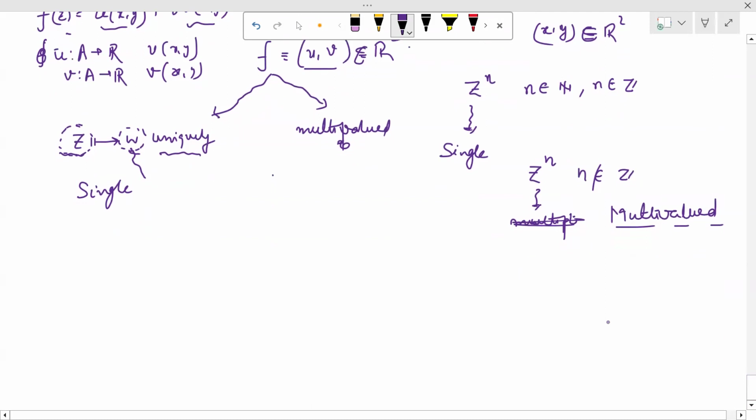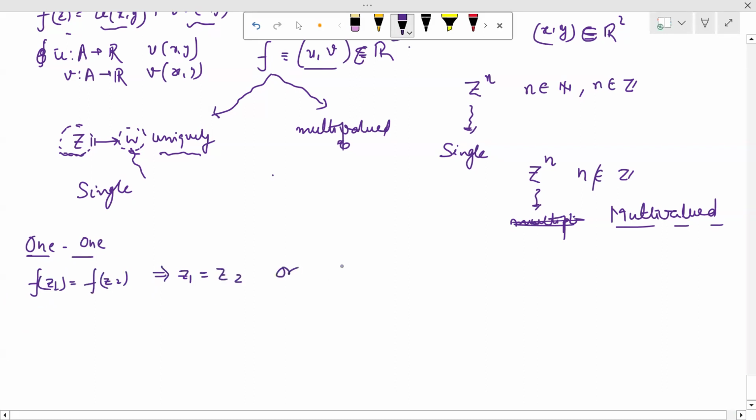Now let us discuss what is 1-1. You know all these things from your standard 12, but since you're starting with complex analysis, I'm writing everything. If f(z1) equals f(z2), then it should necessarily imply that z1 equals z2.